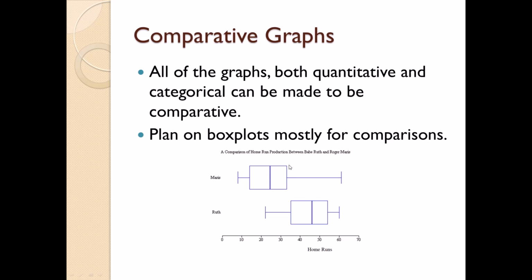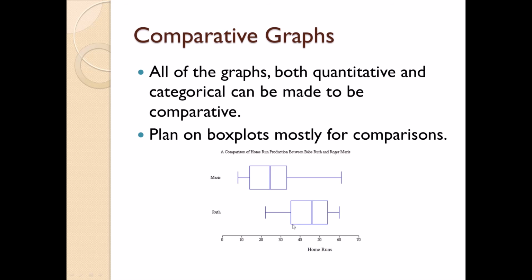So if you look at this line right here that kind of separates, not so much Maris from Ruth, but gives you a point of reference, you could say that if you use this line as a kind of a break, below that would be 75% of Maris's years, and they would be on the low end, and above it would be 75% of Ruth's years, and that would be his best years.